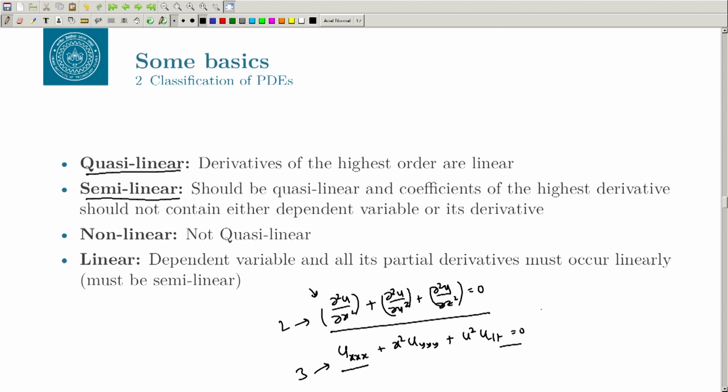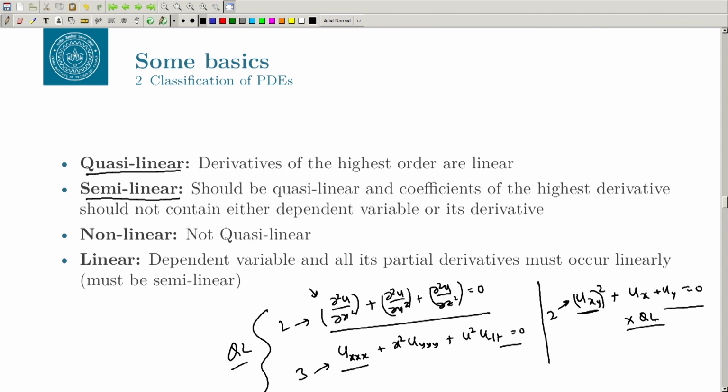But let us take an example which is u_xy square plus u_x plus u_y equal to 0. Here, what is the highest order? The order is 2 and the derivative of the highest order is not linear, it is u_xy square. So, this is not quasi linear. These two are quasi linear, but this is not.